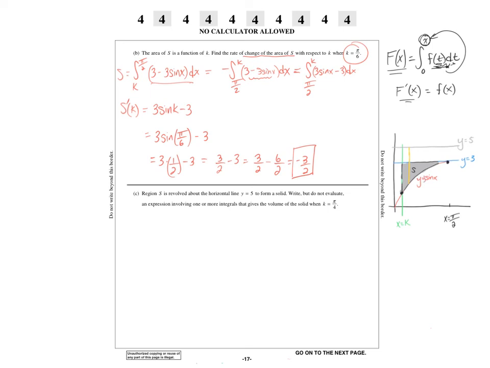Okay, so that I'm going to call big R. And you can just think of the distance from the horizontal axis, this whole distance is 5, and then this bottom distance down here is 3 sine of x. So what's left, that yellow line, is 5 minus 3 sine of x. So big R is 5 minus 3 sine of x.